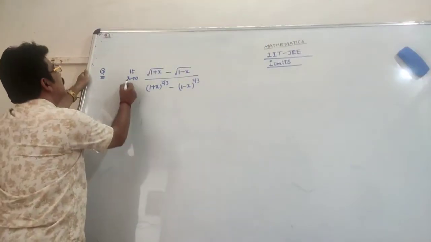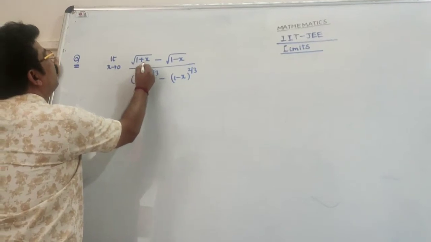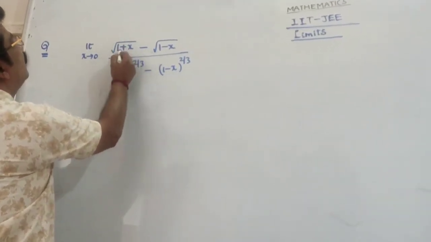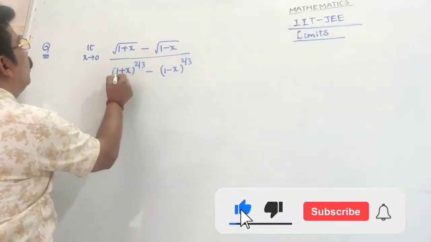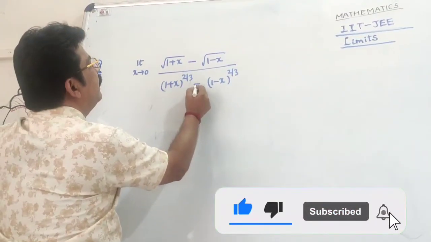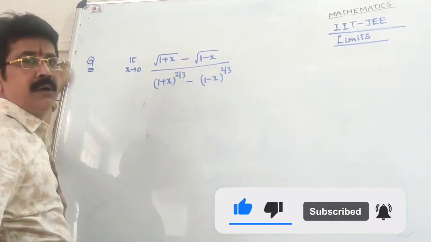Question: limit x tends to 0, of root of (1 plus x) whole to the power of 2 by 3, minus (1 minus x) whole to the power of 2 by 3.